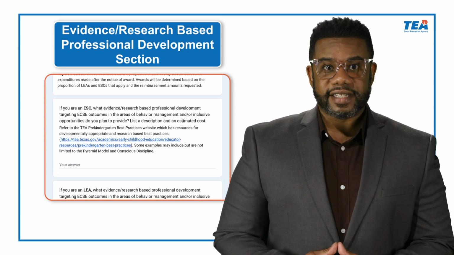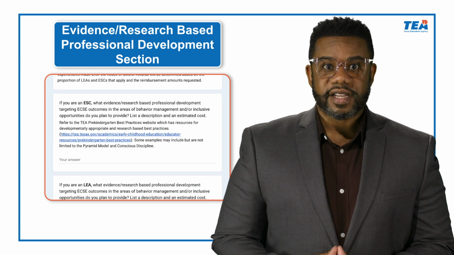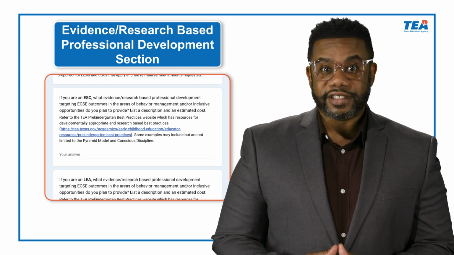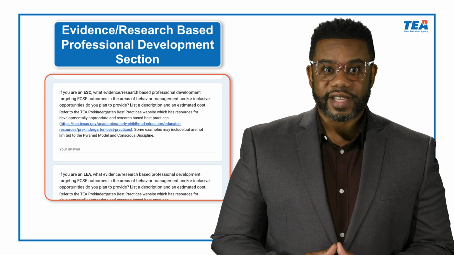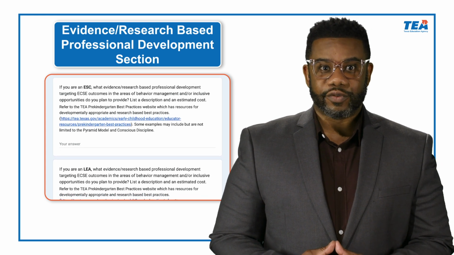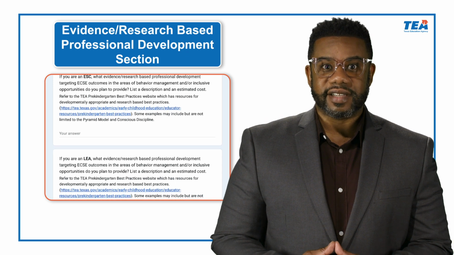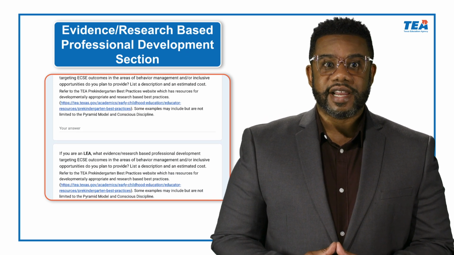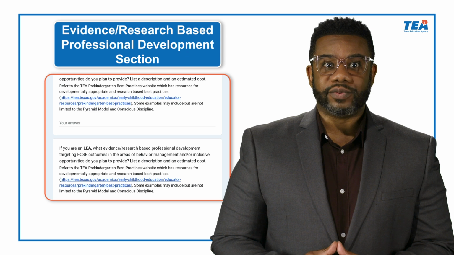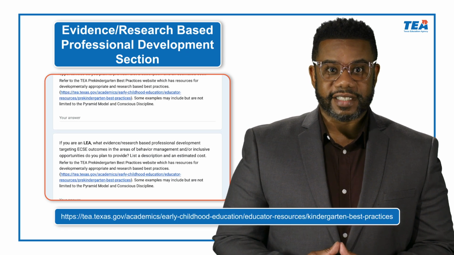For LEAs and ESCs applying for professional development, describe the evidence-based or research-based initiatives that you plan to implement. A list of resources for developmentally appropriate and research-based best practices may be found on the TEA Pre-Kindergarten Best Practices website listed on the application.